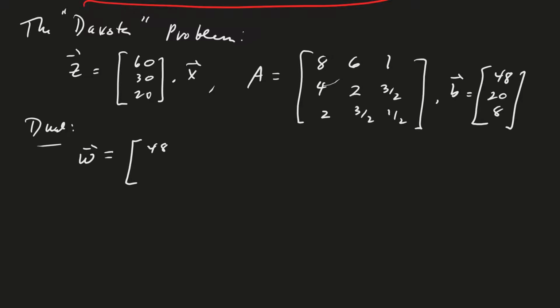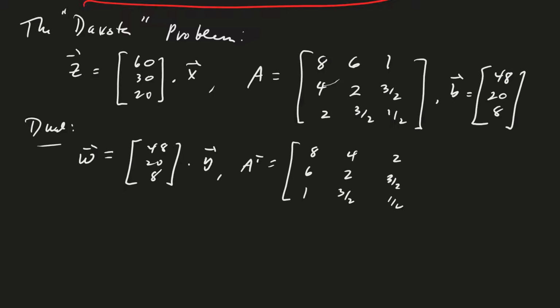Dotted with y, such that, well, let's just write our A transpose. And I'm writing it down because later on we're going to actually use this transpose. And then our c was equal to 60, 30, 20. Okay, good.